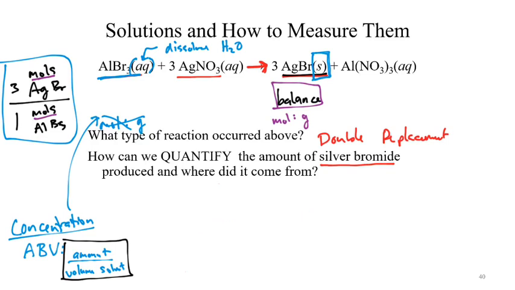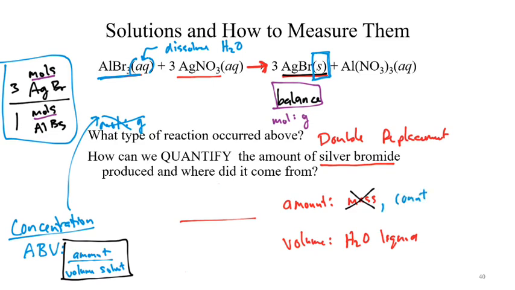We for sure need some kind of volume measurement because we're looking at water and water was a liquid. And then we need some kind of amount measurement. Okay, and we just said that mass was a bad idea. So what other amount measurements do we have? We have a counting measurement. We have that counting measurement of moles. Okay, why is that going to be a useful one to measure?